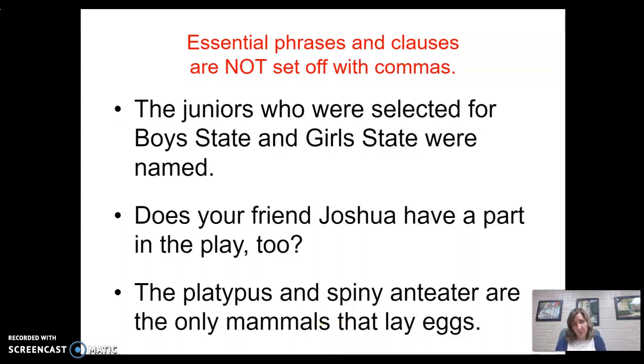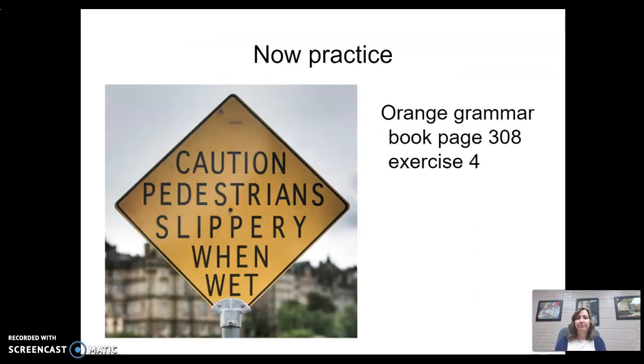Well, we hope they're not the only mammals because we are also mammals. And I don't want to be a spiny anteater. So this needs to stay here. It is essential, so no commas. And a trick for you to remember is clauses that start with "that," T-H-A-T, are almost always essential. So remember that as you're doing your practice exercises.